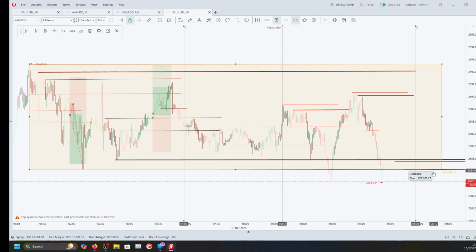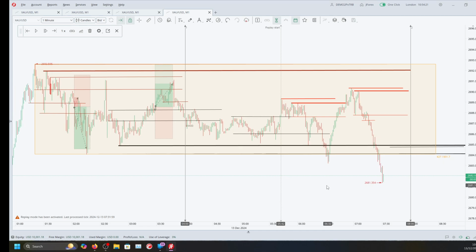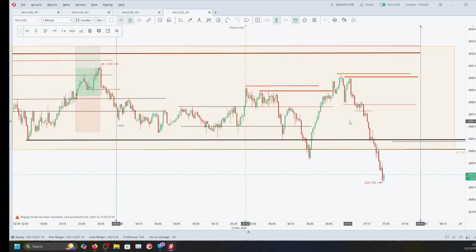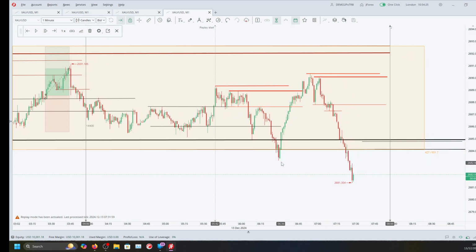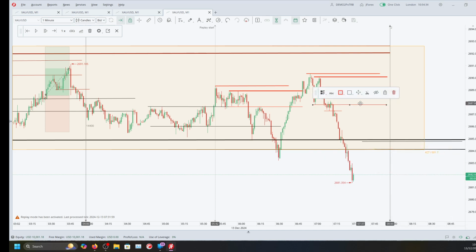Wait until you get a confirmation that price is coming through the other side. See, now we're breaking this low. So now we're starting to break structure to the downside.